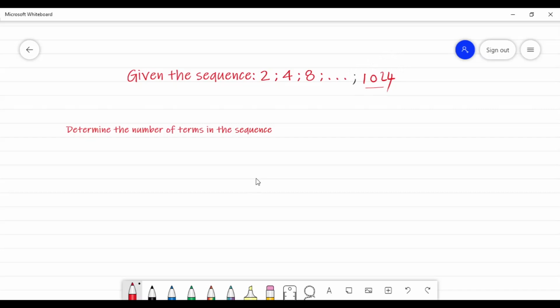Before we can determine that, we first need to confirm if this is a geometric sequence. So let's confirm that we are in fact working with a geometric sequence.